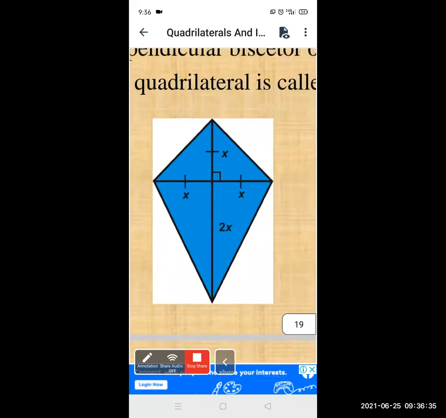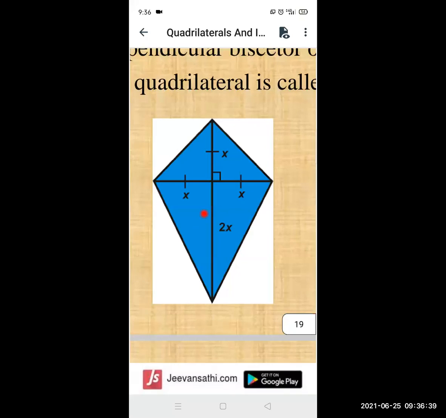So here also we can see the distance: this is X, this is X, this is X. All the distances in this part are the same, but the diagonal of the kite is double the side. Whichever side you take, this distance is twice X. I am talking about the diagonal.